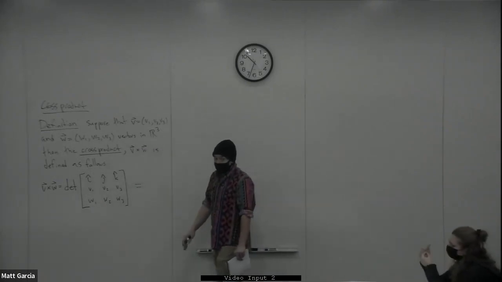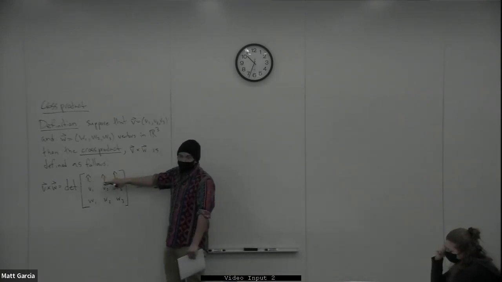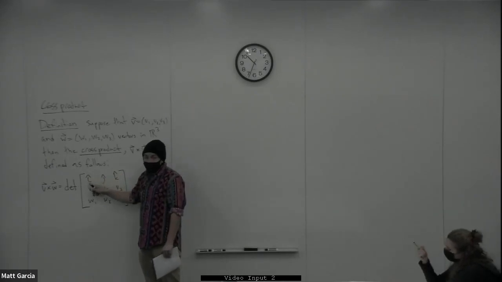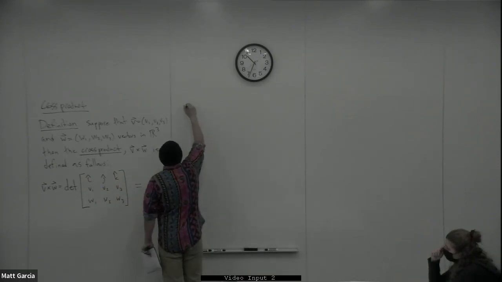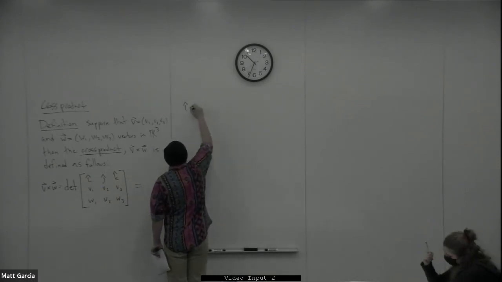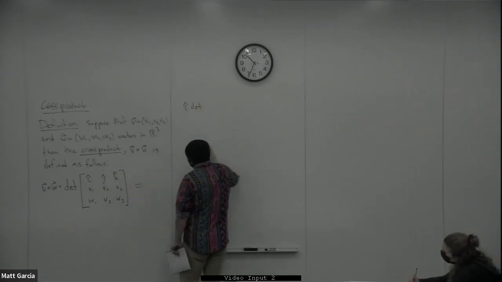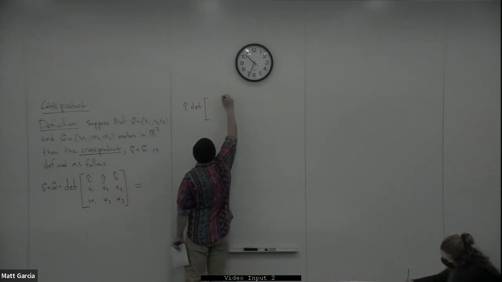So let's discuss how we actually calculate this 3 by 3 determinant. Here's what we do. We start at the top row of the matrix, and we first look at the first entry of the top row. This is equal to this vector I hat times the determinant of the following 2 by 2 matrix.